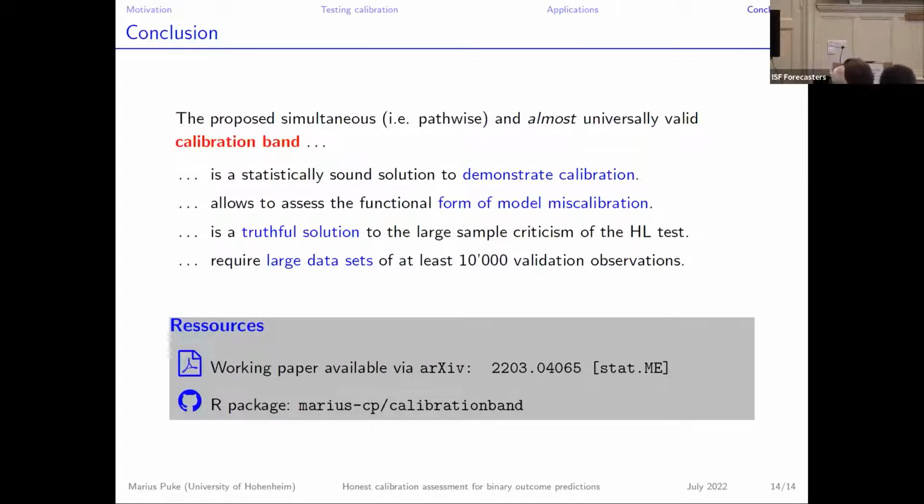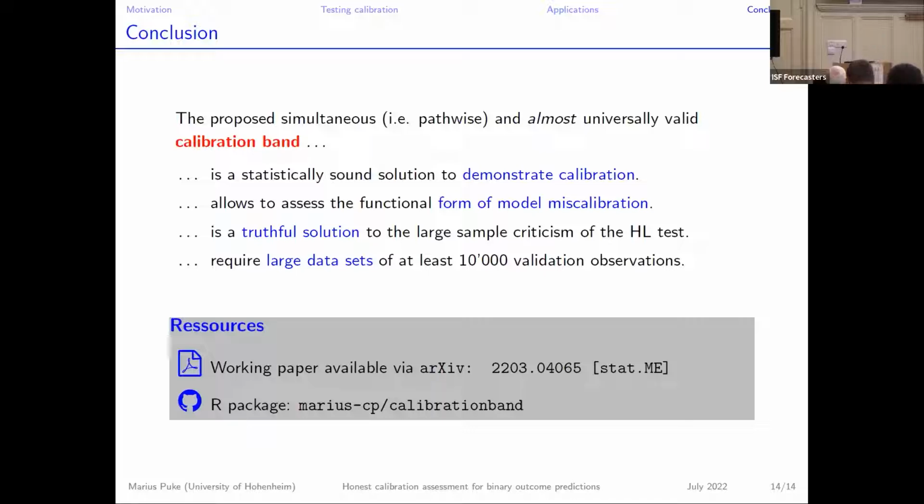Okay, so let me quickly conclude. What we are proposing is a simultaneously valid confidence band. So it's a pathwise band, not pointwise, and this allows us to construct these interesting hypotheses that I was mentioning before. And we believe that our approach is a statistically sound solution to demonstrate calibration.